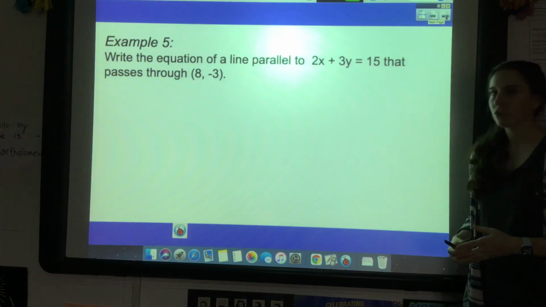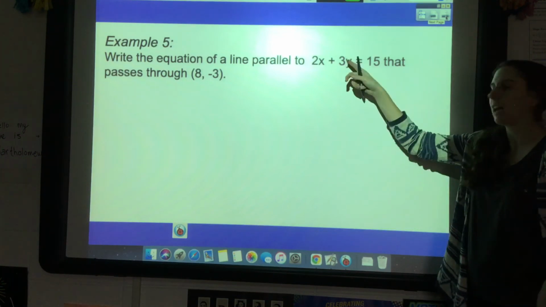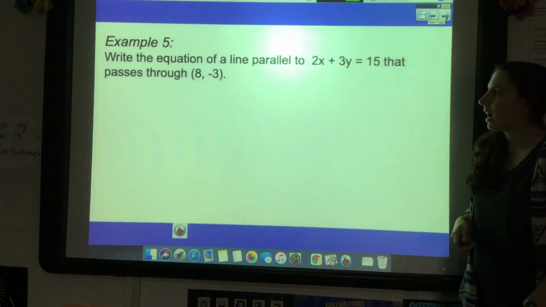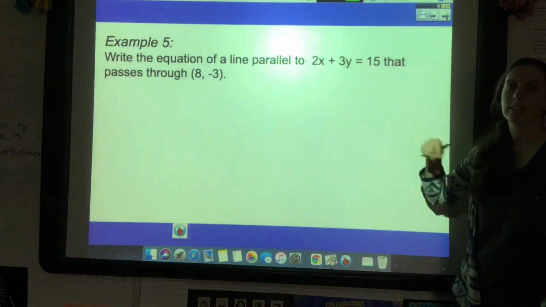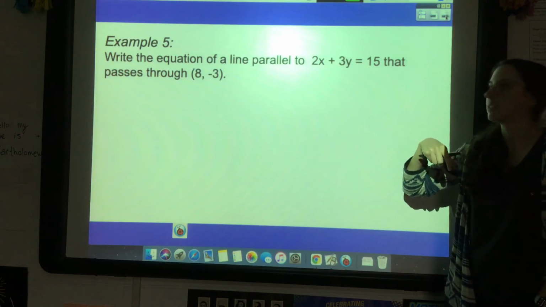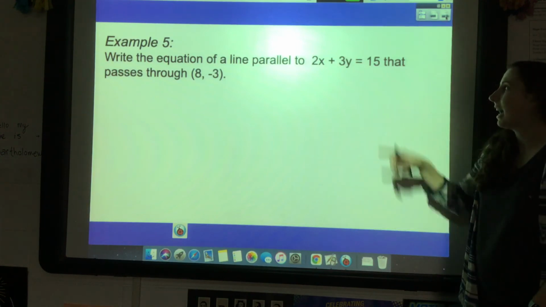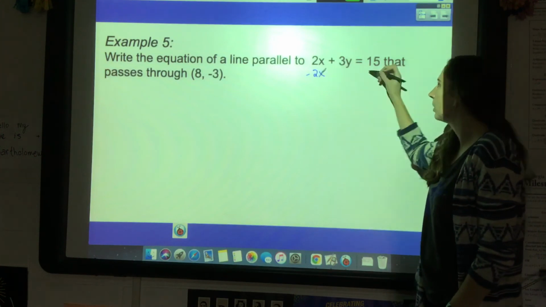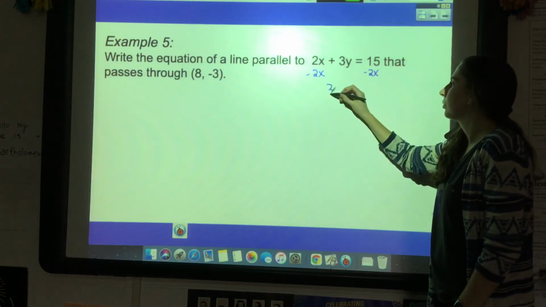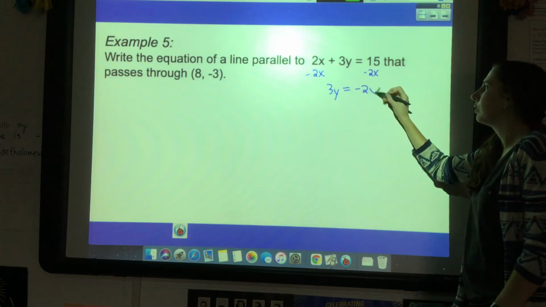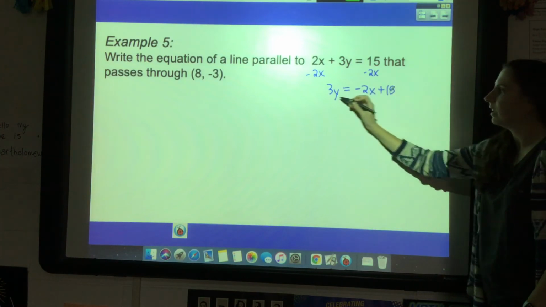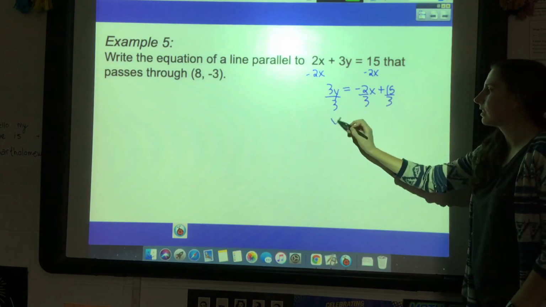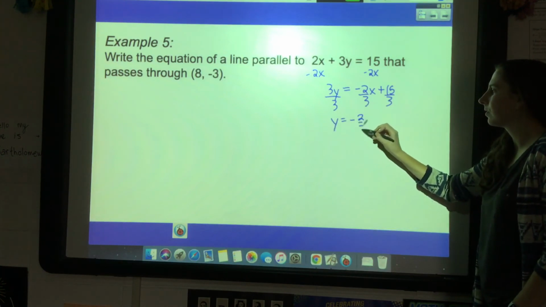This can get a little trickier if the line it gives you at first isn't in y equals format. So if I want to find a line parallel to this, I need to know what this one's slope is. So to do that, I'm going to have to solve for y. So I'll subtract 2x from both sides. So 3y equals -2x plus 15. Divide by 3, and that's y equals format now.